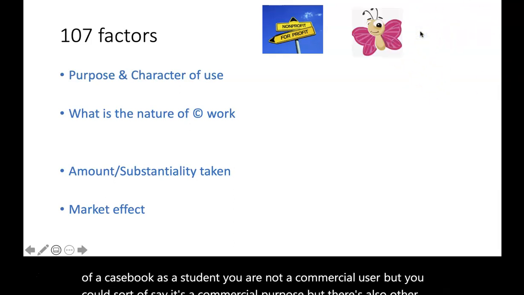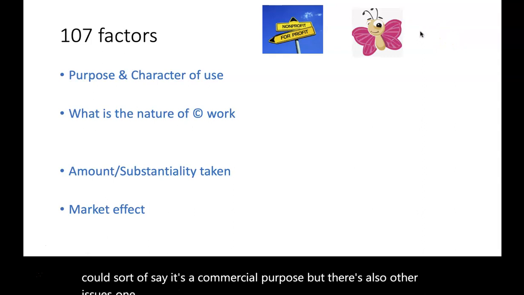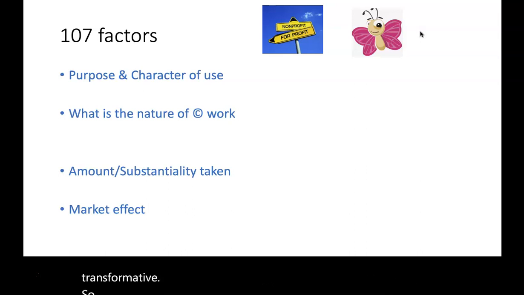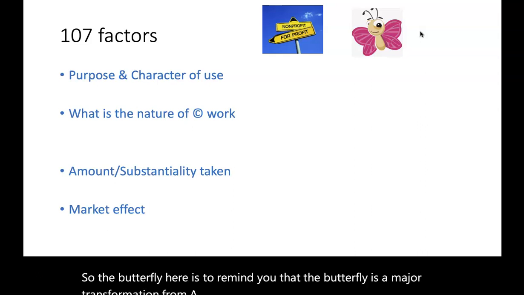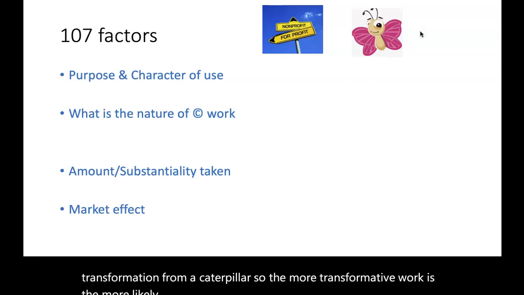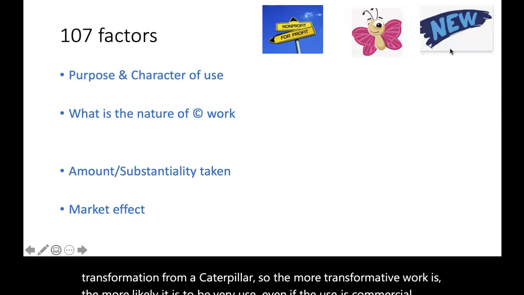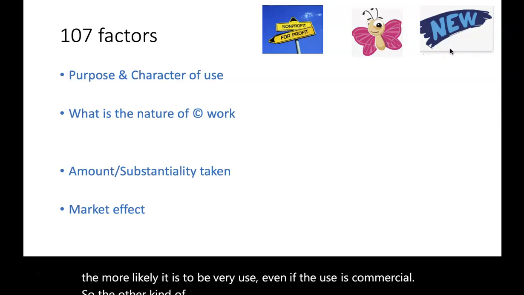One is whether the purpose and character of the use is transformative. So the butterfly here is to remind you that the butterfly is a major transformation from a caterpillar. So the more transformative a work is, the more likely it is to be fair use, even if the use is commercial. So the other kind of way something could be transformative is a transformative use.